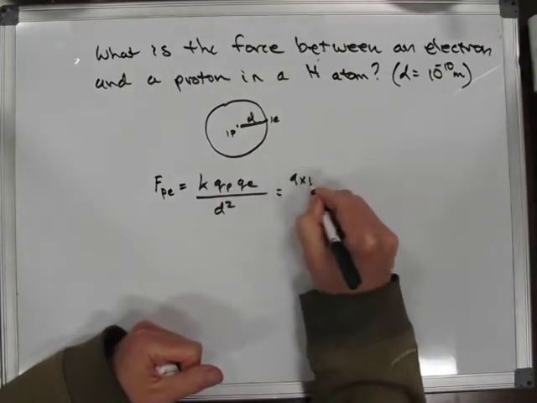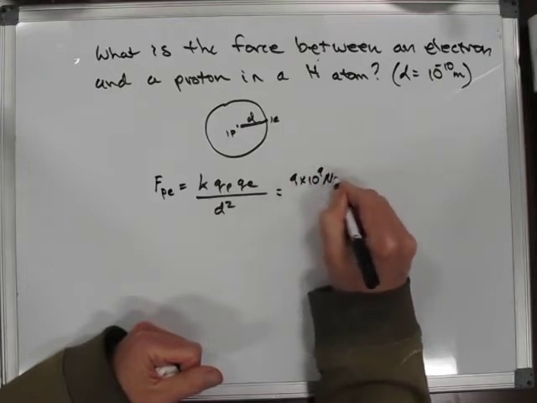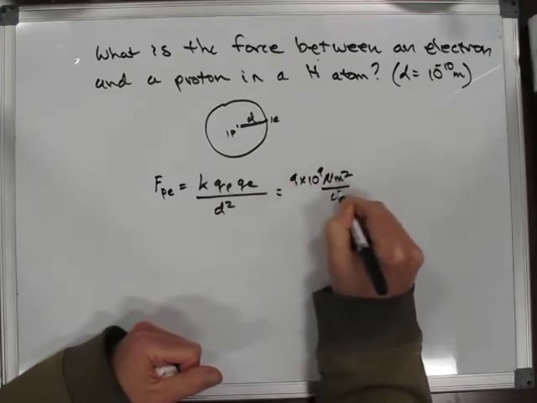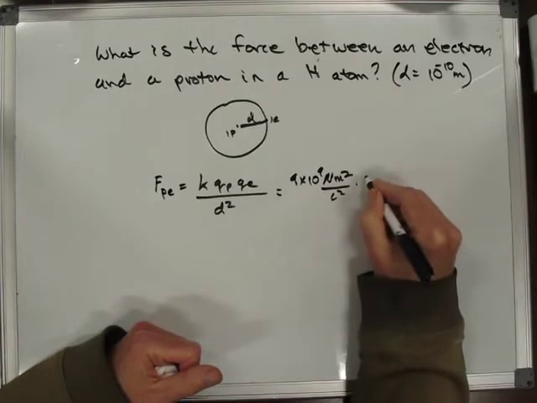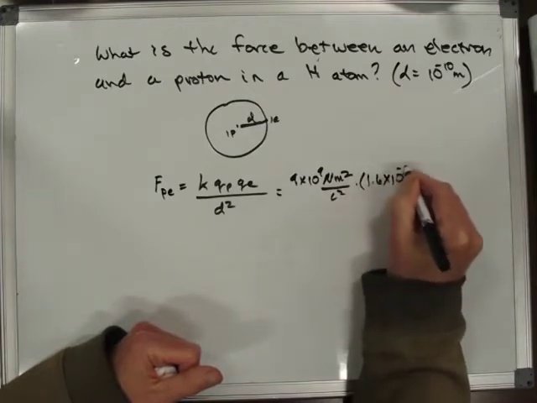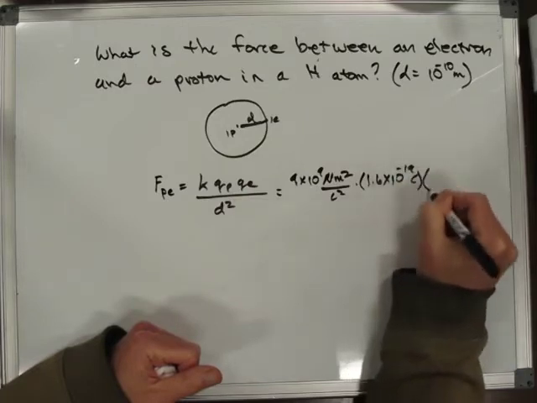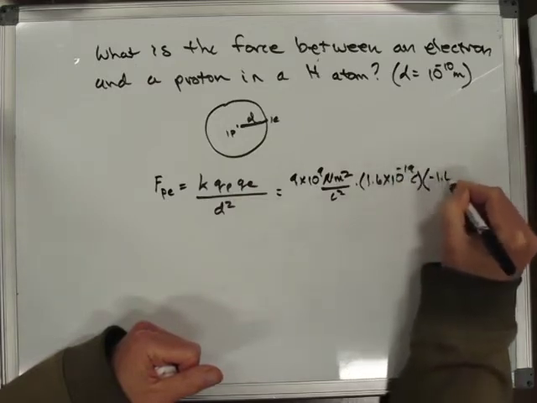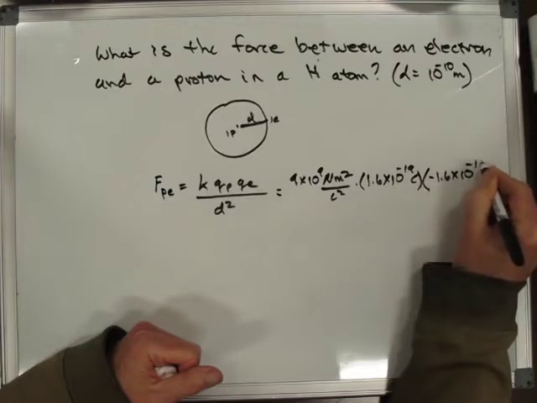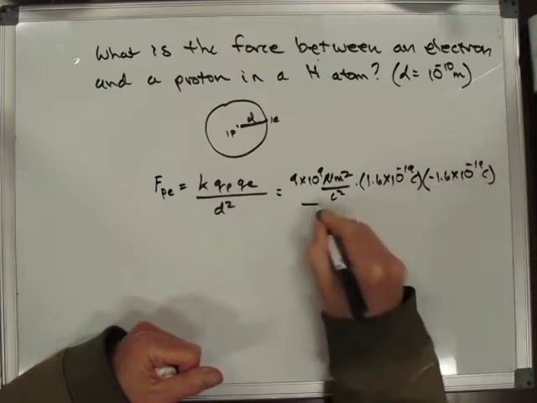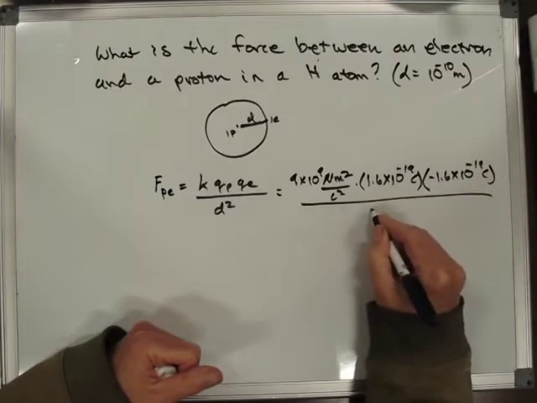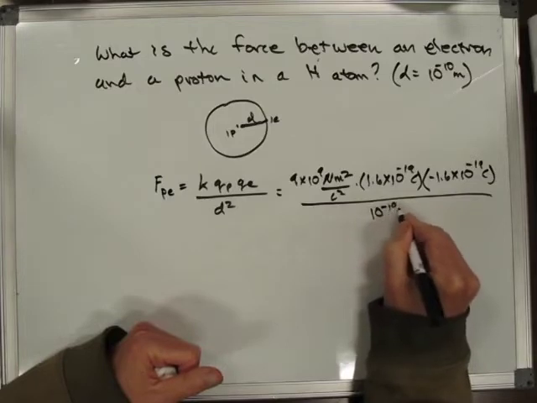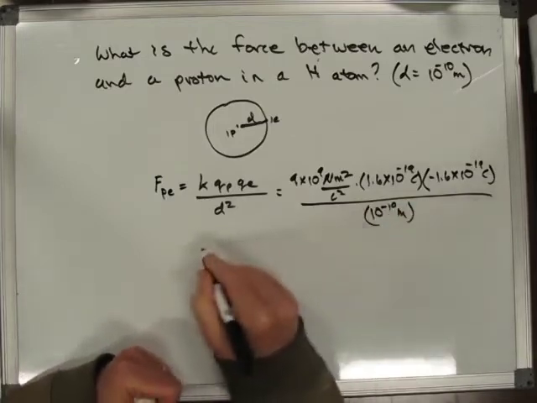It's 9 times 10 to the 9th Newton meter squared per Coulomb squared, times the charge on a proton, which is 1.6 times 10 to the minus 19th coulombs, times the charge on an electron, which is minus 1.6 times 10 to the minus 19th coulombs, divided by 10 to the minus 10 meters squared.